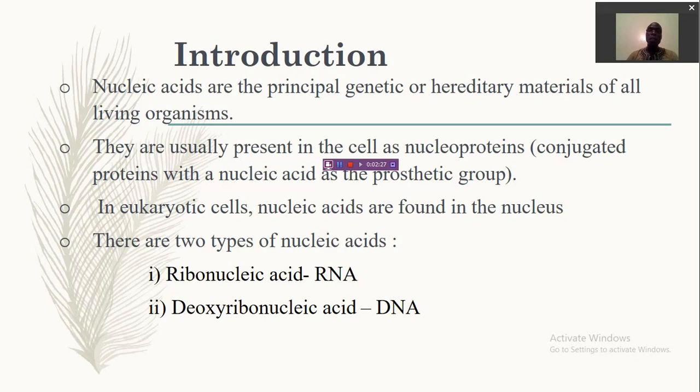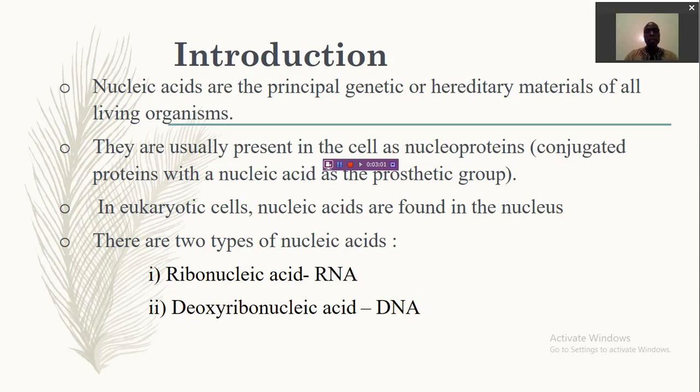The very basic principle of that is the nucleic acid, the basic unit, the basic component of genetic material. Now, nucleic acids are usually present in the cell as nucleoproteins. By nucleoproteins here I mean some protein material which is conjugated with nucleic acids as the prosthetic group.